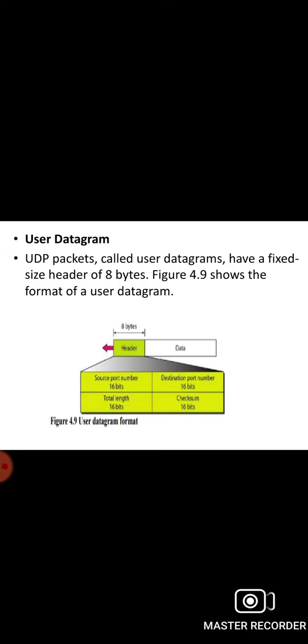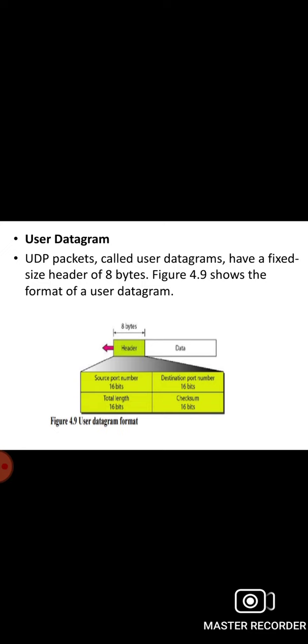So now let's come back to the header. UDP packets, called user datagrams, have a fixed size header of 8 bytes. The fields shown in this diagram are, first, the source port number. This is the port number used by the process running on the source host. It is 16 bits long, which means that the port can range from 0 to 65,535.